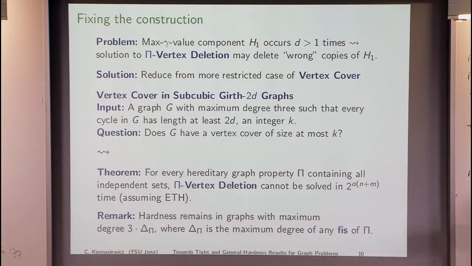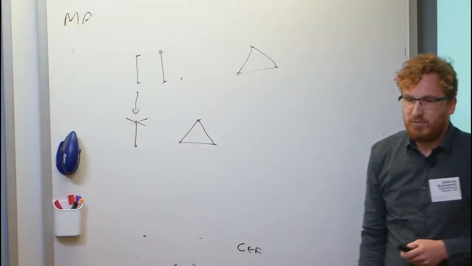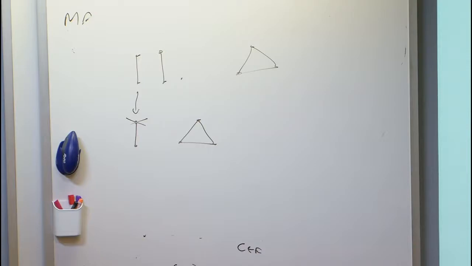Because if I have large girth, then whatever remains from this vertex cover gadget doesn't have any cycles. So the number of H1 copies that I can kill is the same as the one that I can delete by removing in the gadget side.